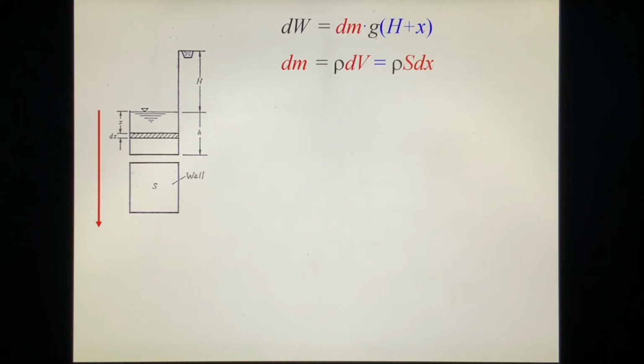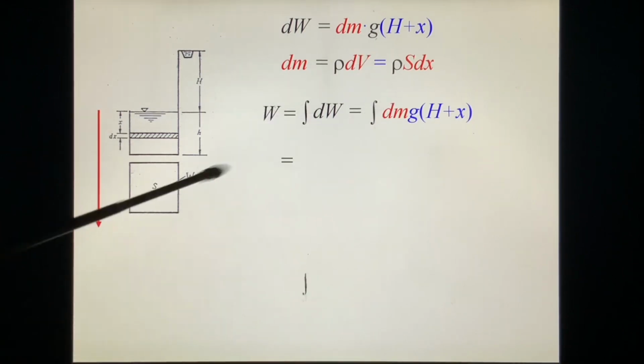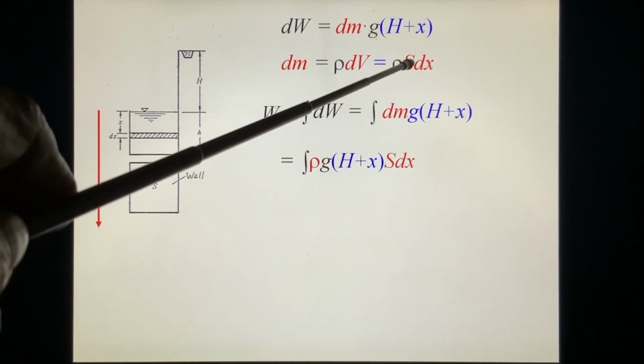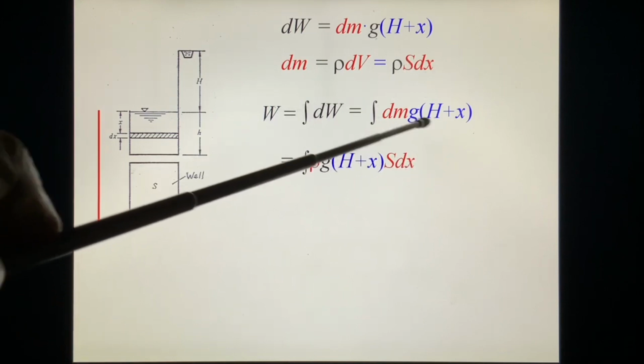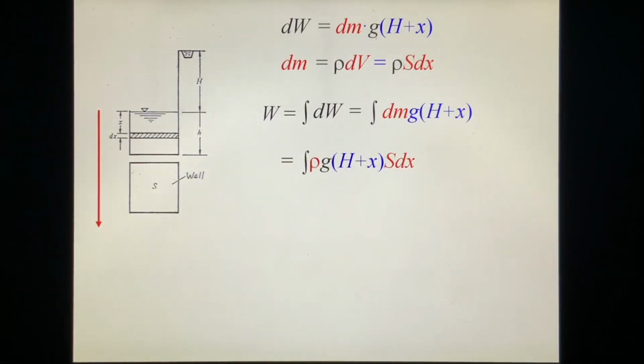So we do the integration because the whole work is done by different layers. This is a sigma. Then we put this dm in. We say dm equals rho S dx, times g times (x plus the height H). From where to where?